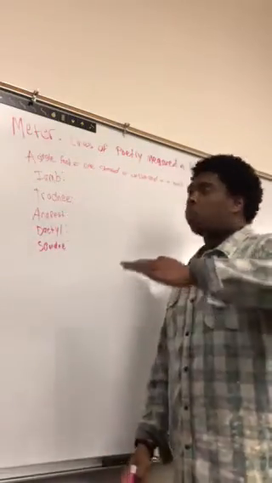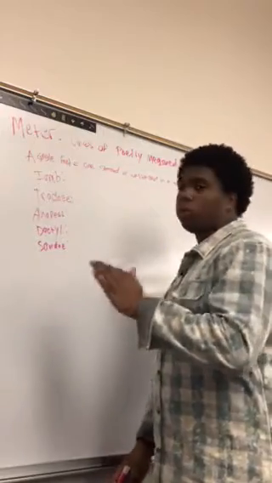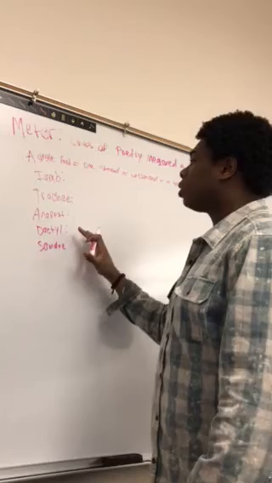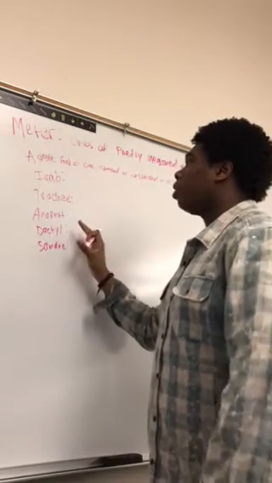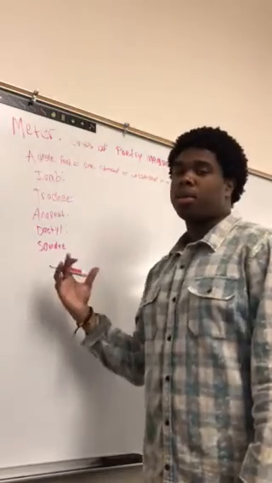Each of these actually describe the different types of stressed and unstressed syllables that your words will make up. And if you have these types of feet in your poem, this will give the type of line length that your poem is made out of.